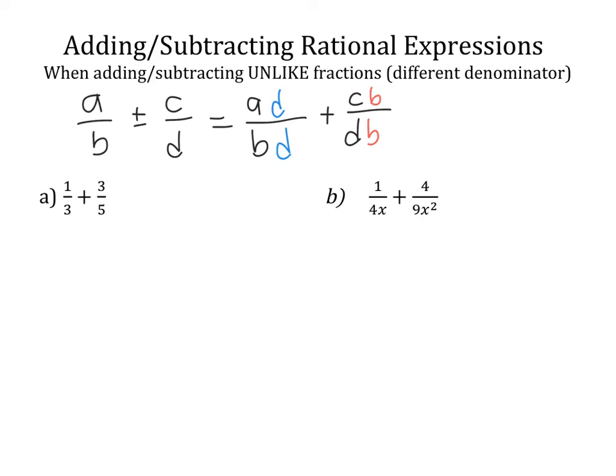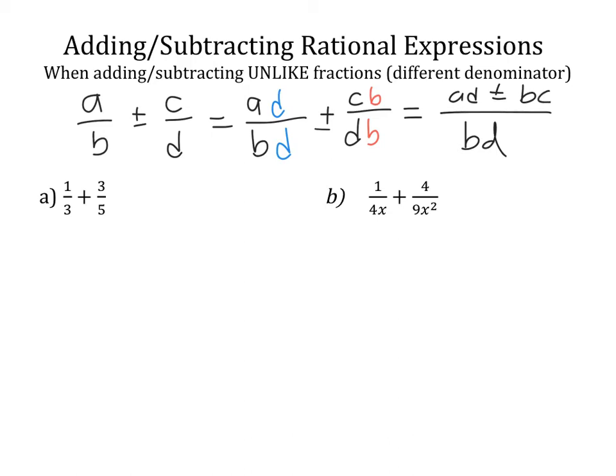The order doesn't matter as it's multiplication, but I need to have both B and D in my denominator. Since now I have the same denominator, I can combine this under one denominator, which is B times D, or D times B, and I'll just combine my numerator: AD plus or minus BC or CB.